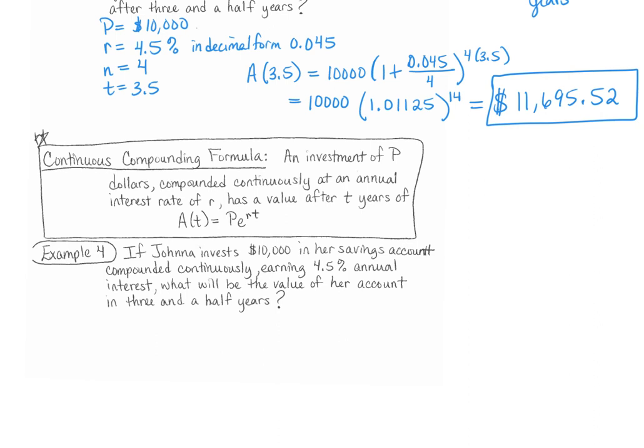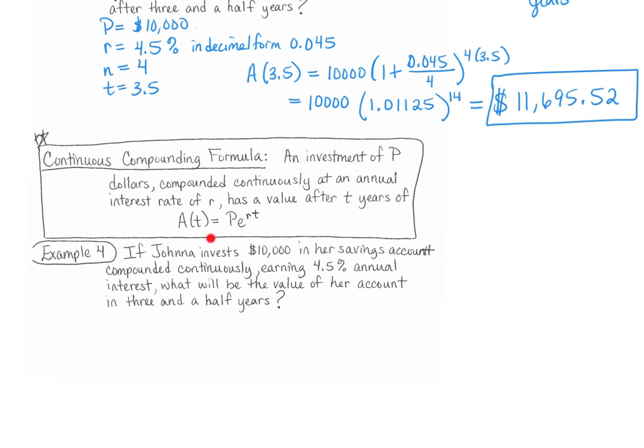I got it. Okay. So, the continuous compounding formula. Continuous compounding means we're always compounding, right? An investment of P dollars compounded continuously at an annual interest rate of r has a value after t years of A(t) equals P times e raised to the rt.